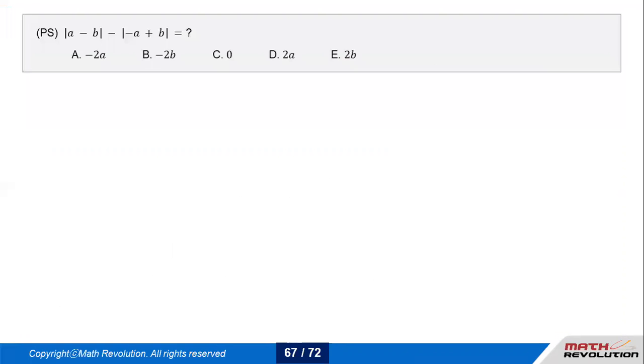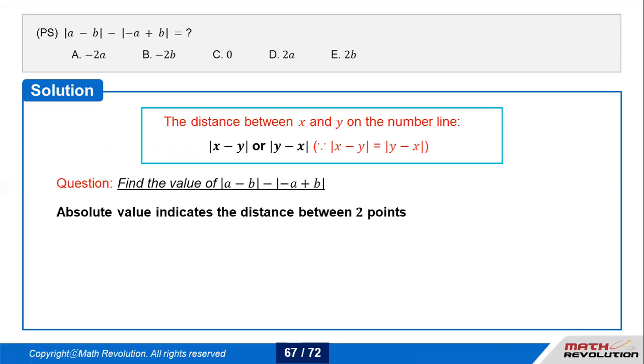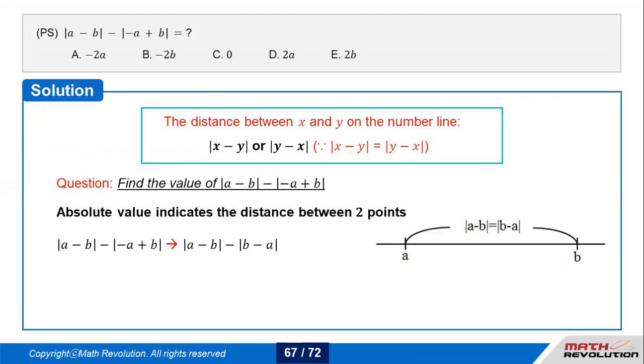So if this is a question, modulus of a minus b minus modulus of minus a plus b is what? Now we know that modulus of x minus y or y minus x is one and the same thing. We are actually finding the distance between 2 points. Now a minus b can be written as b minus a.